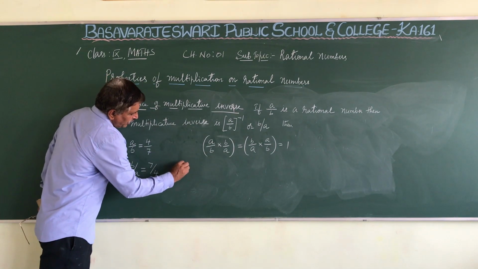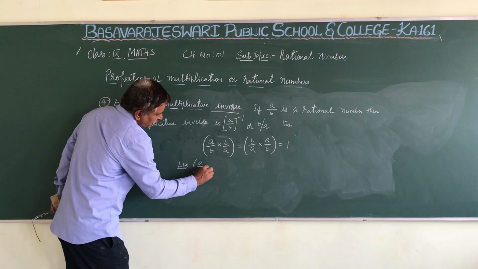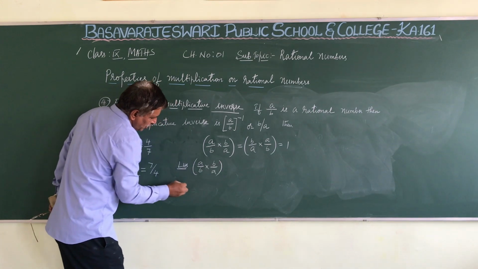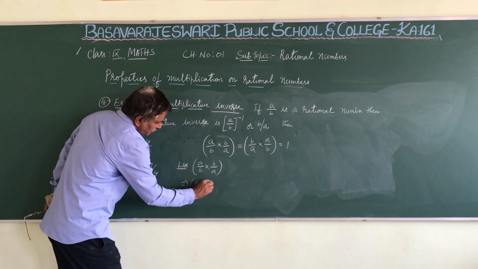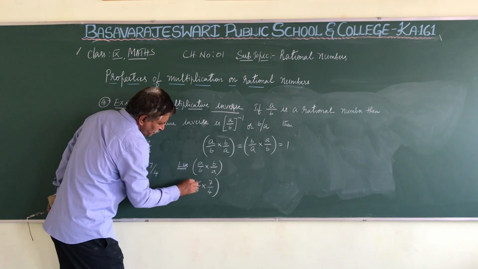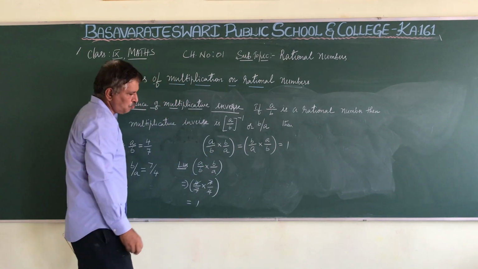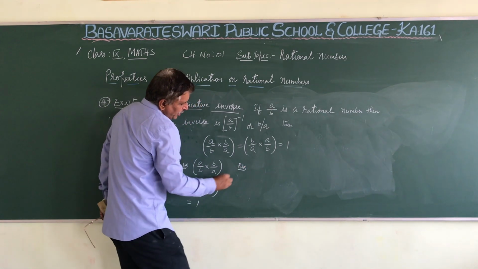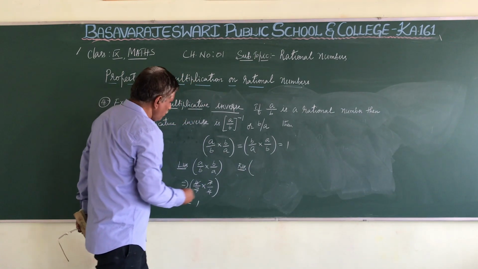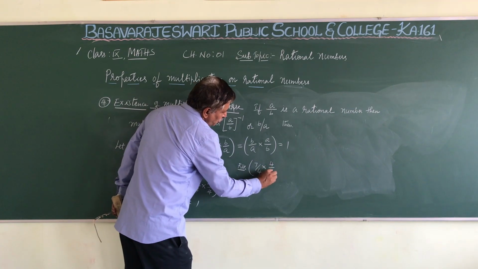So first I will take the left hand side. What is the left hand side? A by B into B by A, which is 4 by 7 into 7 by 4. After simplifying, I will get 1 only. Similarly, on the right hand side, B by A is 7 by 4 into A by B, 4 by 7.